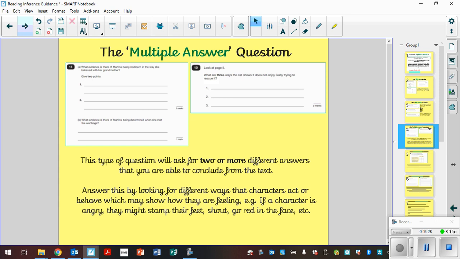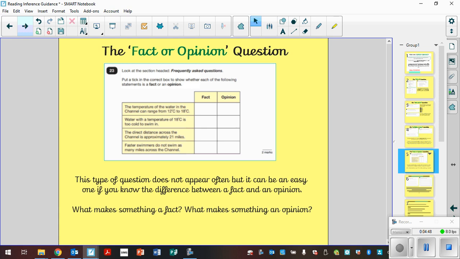All right. And it says answer these by looking for different ways that characters act or behave, which may show how they are feeling. For example, if a character is angry, they might stamp their feet, shout, go red in the face. Those sorts of things, like we looked at right at the beginning about Jenny. Right? What clues are there about maybe how someone is feeling? So that's a multi-answer type question.